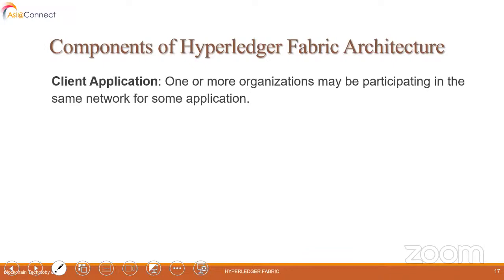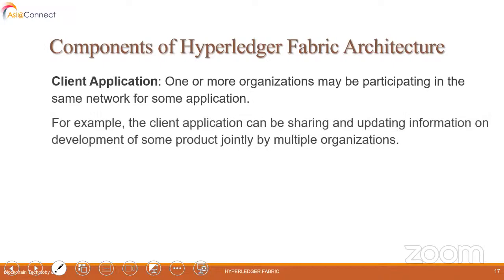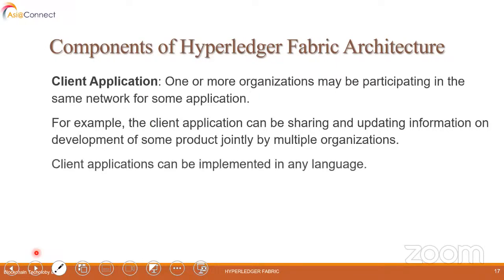If it is IIIT DM Jabalpur, IIIT DM Kanchipuram, IIIT DM Kurnool, then there can be many certificate authorities. So the client application can be sharing and updating information on the development of some product jointly by multiple organizations. Then in that case, there can be many organizations who join this.